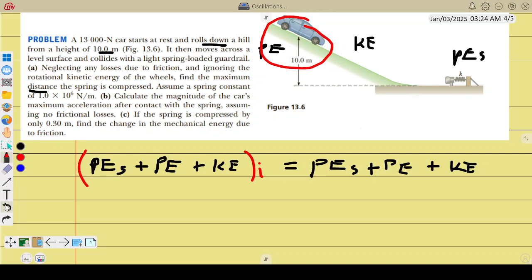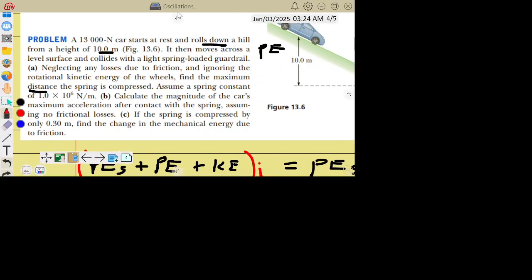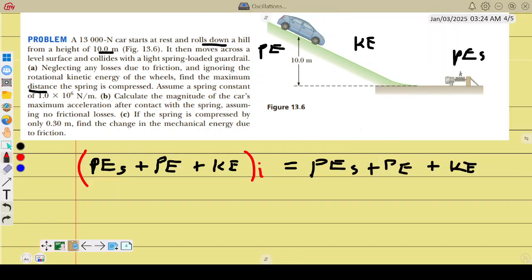Initially there's no spring here. So obviously you should be able to say the potential energy due to spring, which is called elastic potential energy, is 0, because we're not dealing with a spring here.